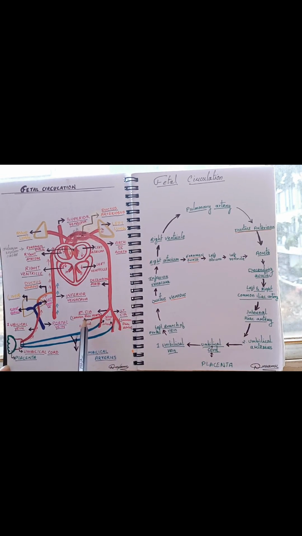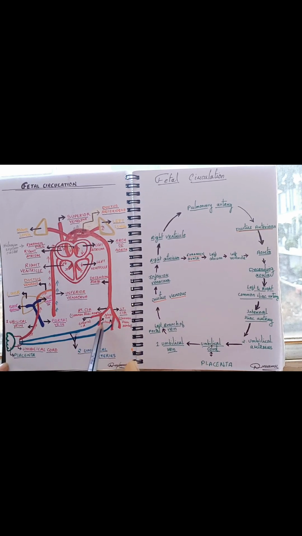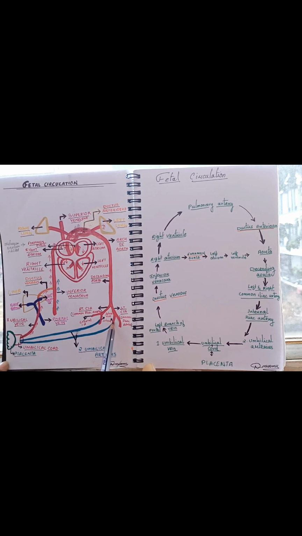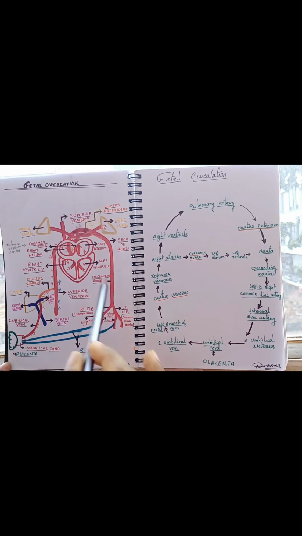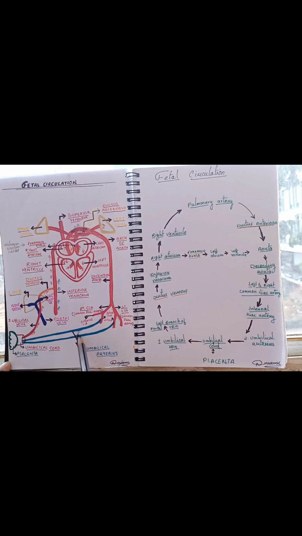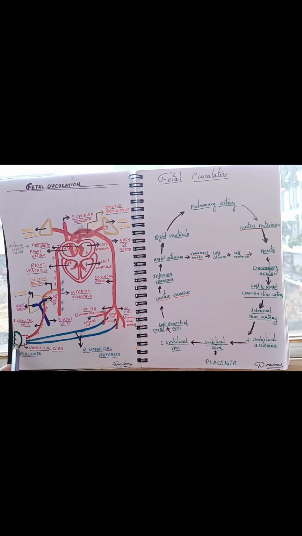We have nothing to do with the external branches, so leave that. The deoxygenated blood is carried from the internal iliac arteries to the two umbilical arteries. That is the deoxygenated blood from the fetus coming back through the two umbilical arteries, then to the umbilical cord and then to the placenta.